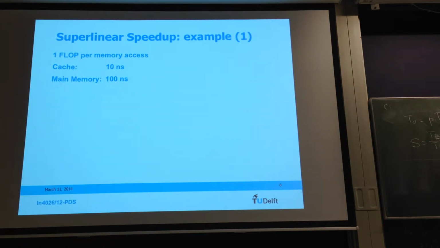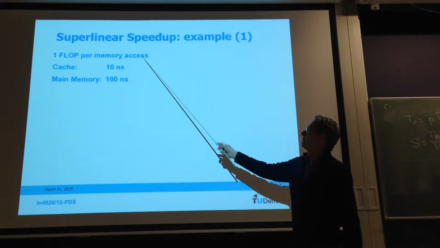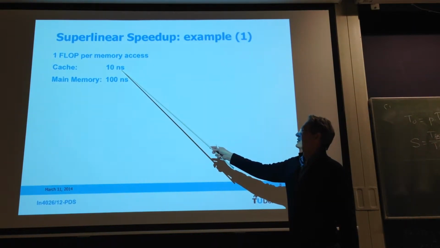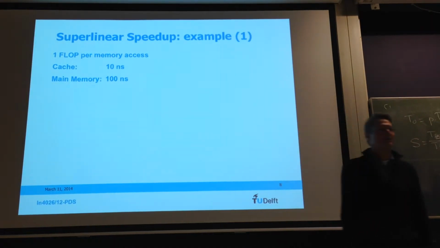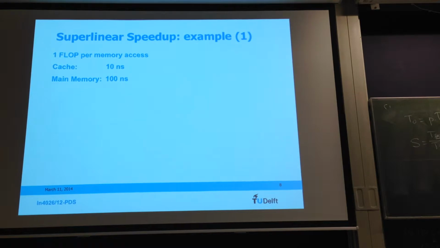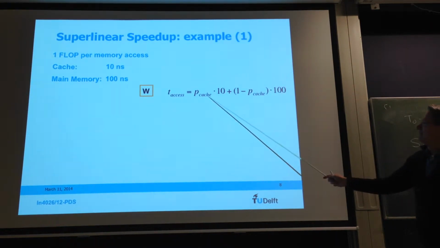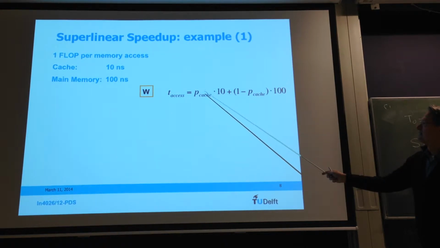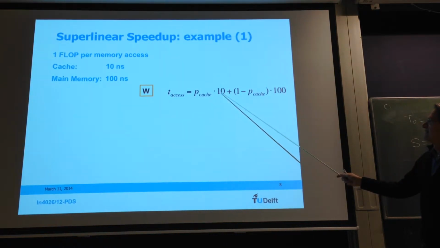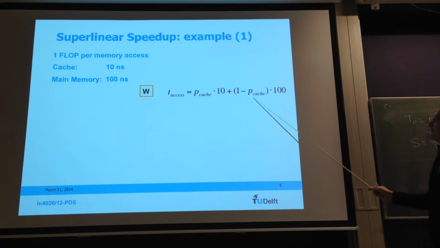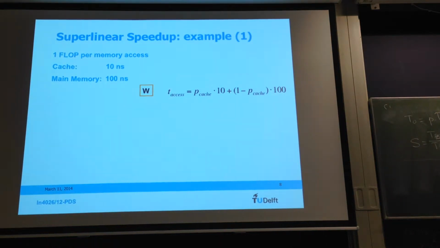Suppose we have a system which can do one floating point operation per memory access. Right? We have a cache which has an access time of 10 nanoseconds and a main memory of 100 nanoseconds. Then the access time is the chance that the data is in the cache plus the chance that it's not in the cache, right?